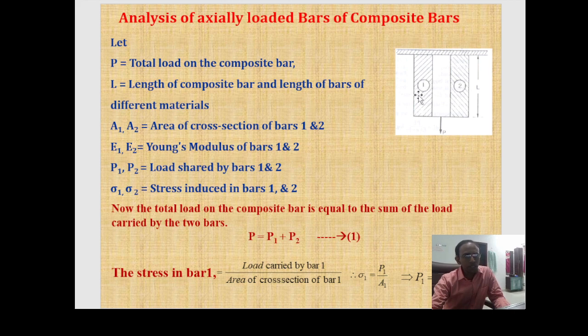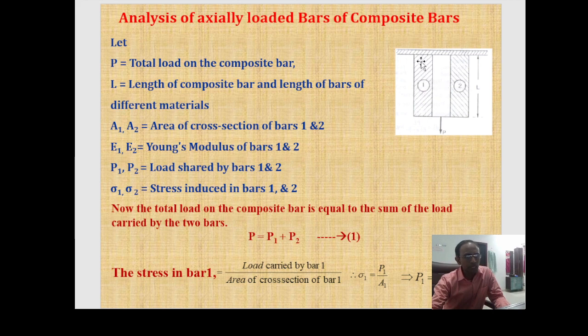Let's say there are two metals which form a composite bar because they satisfy all these conditions: the same length, made of different materials, and fixed together, acting as a common unit. Consider this as a composite bar.